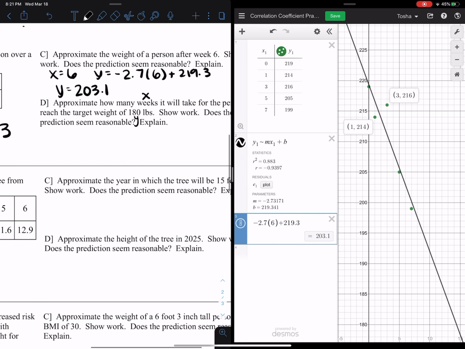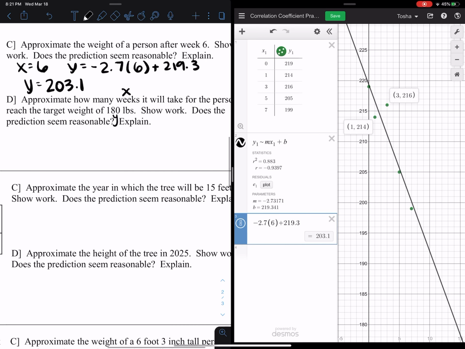Instead of having X and solving for Y, now we have Y and we're solving for X. So we're going to say 180, which is Y, equals negative 2.7x, because we don't know what x is, plus 219.3.